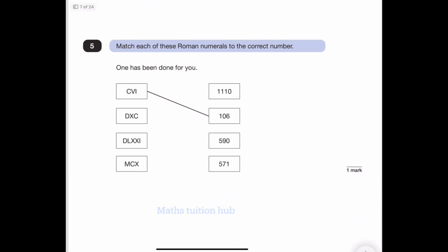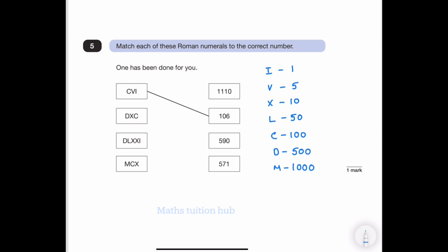So let's see matching the Roman numerals here to the normal numbers. So representation of Roman numerals: I is 1, V is 5, X is 10, L is 50, C is 100, D is 500, M is 1000.